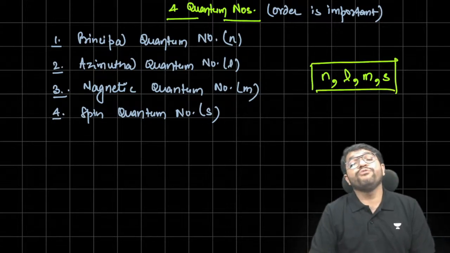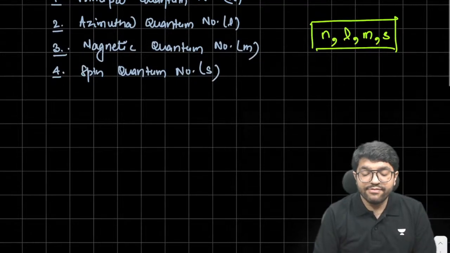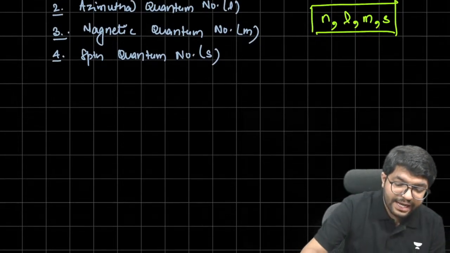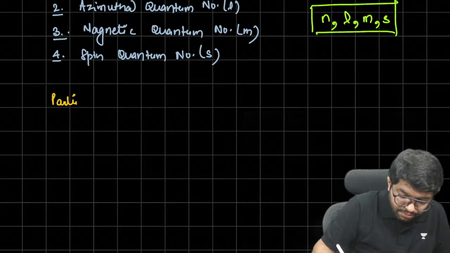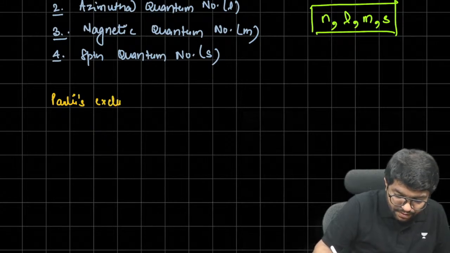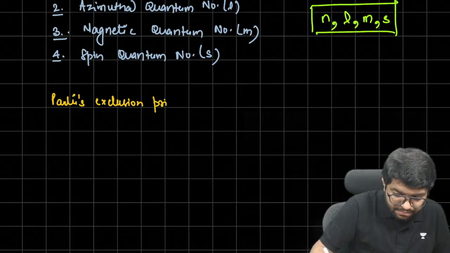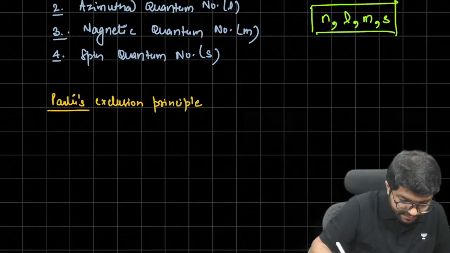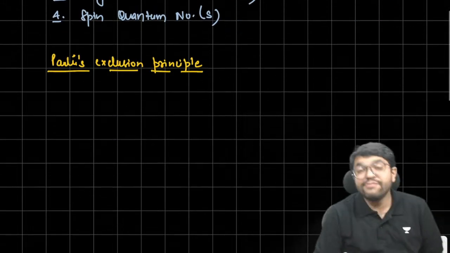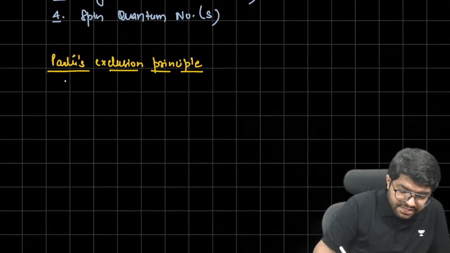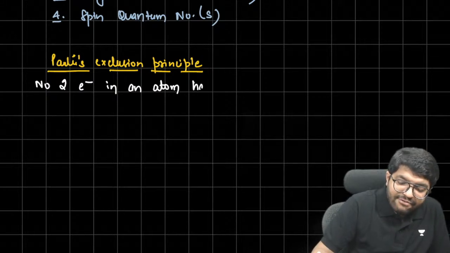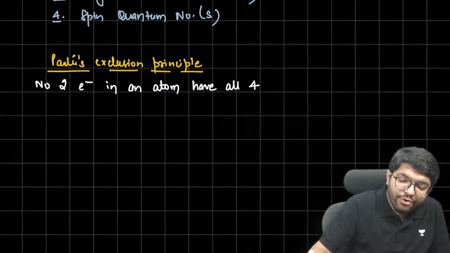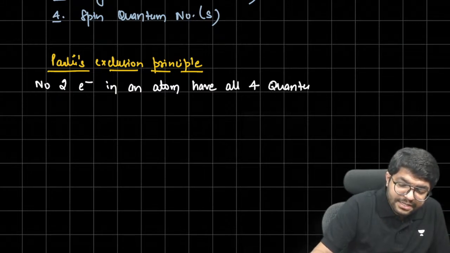And when I talk about the set of four quantum numbers, let me clarify here itself that there is something called Pauli's exclusion principle, which states that no two electrons in an atom have all four quantum numbers the same.